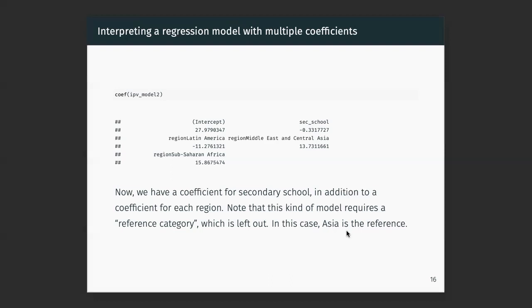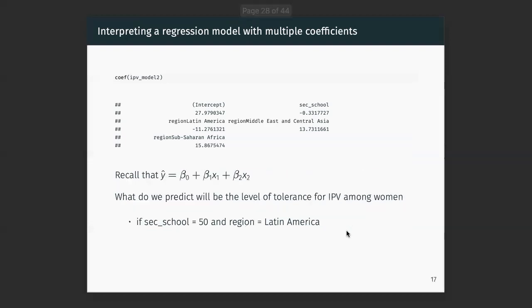So my expected value for toleration for intimate partner violence in Latin America when secondary schooling is 0 is 17. So do you see how these effectively work as intercepts? They give each region a different starting point on the y-axis. It'll be easier to see visually.